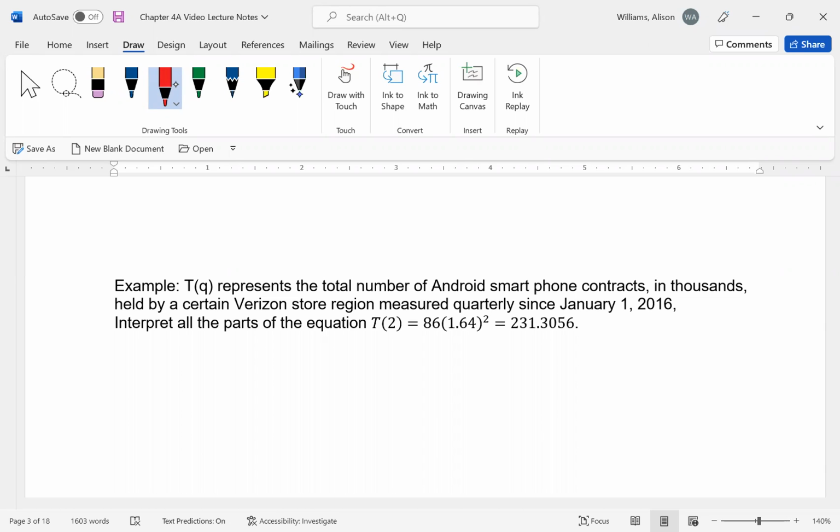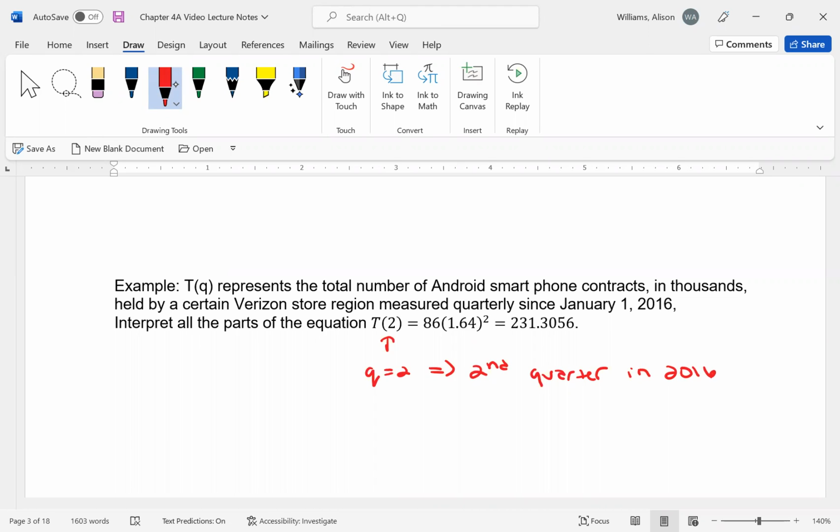So if we're looking at T of 2, 2 is the quarter we're looking at, which implies the second quarter in the year 2016. So their second quarter in 2016.